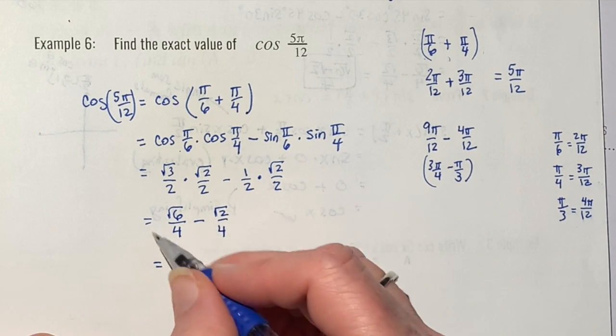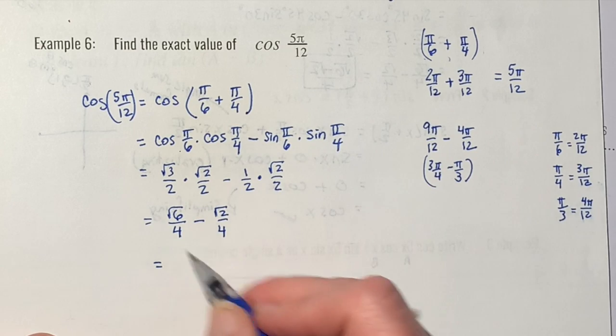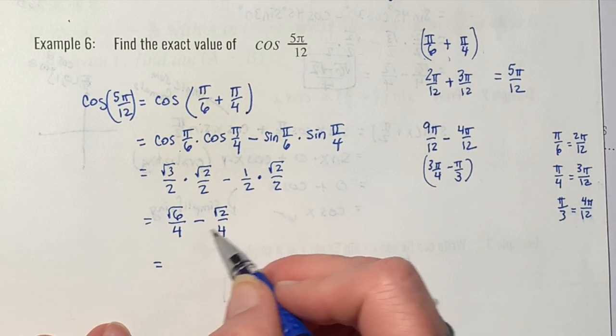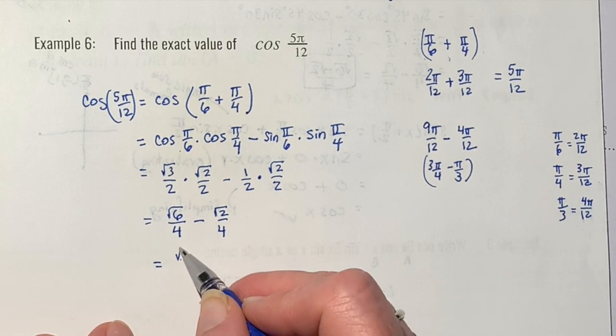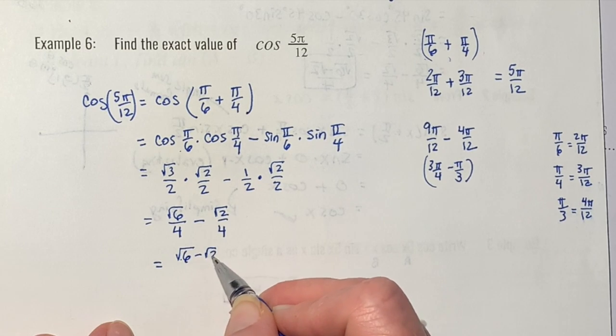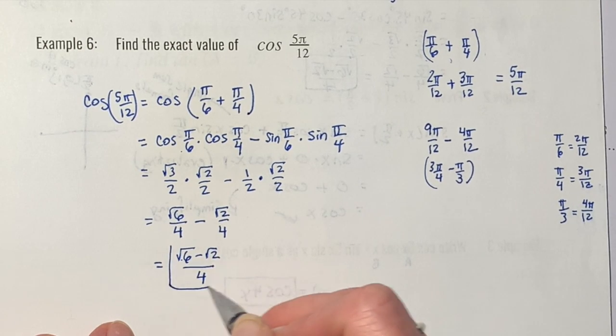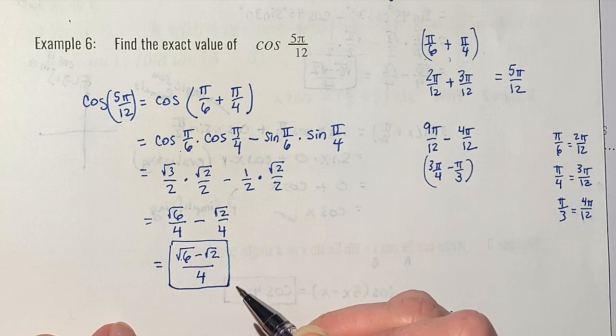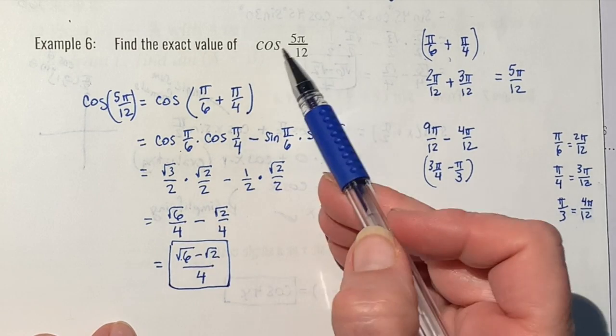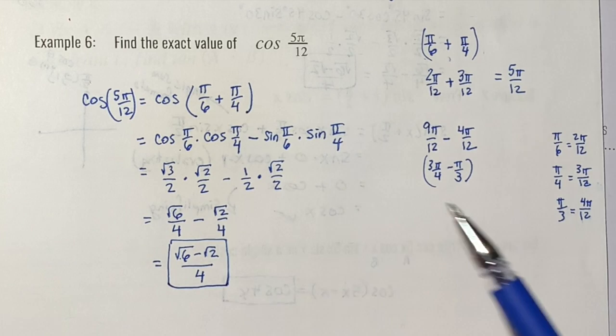WebAssign will probably accept this as an answer, but I don't know if it may or may not. But you'd go ahead and combine those into one single fraction: square root of 6 minus square root of 2, over 4. This is a more simplified way to write it, and that would be the exact value of the cosine of 5 pi 12ths.